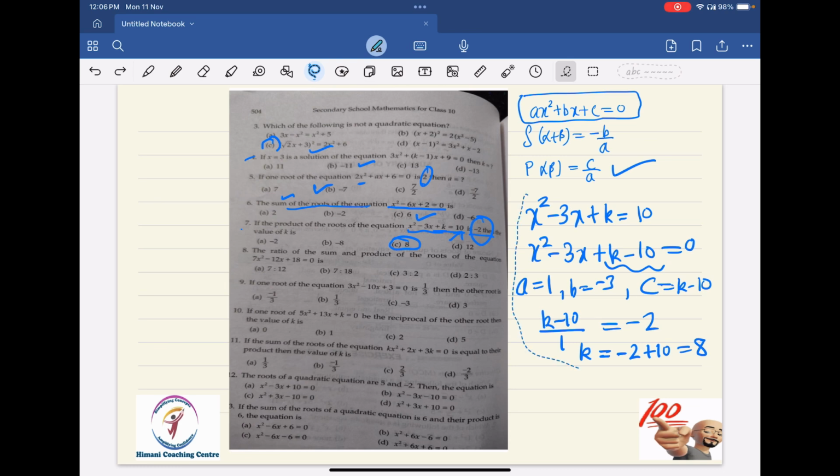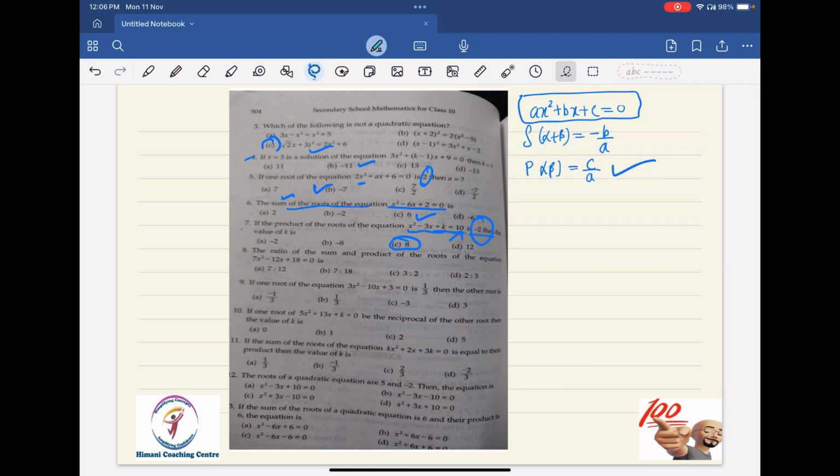Just a second, let me quickly remove this working because I need space. And now let us go to the next question, which says we have to find the ratio of the sum and product of the roots of the equation. And what is the equation given to us? 7x square minus 12x plus 18, which is equal to 0.